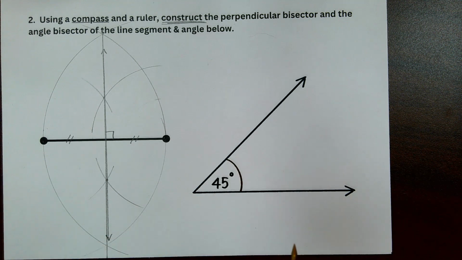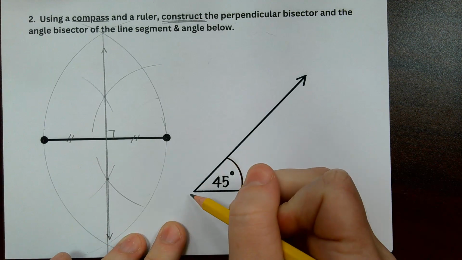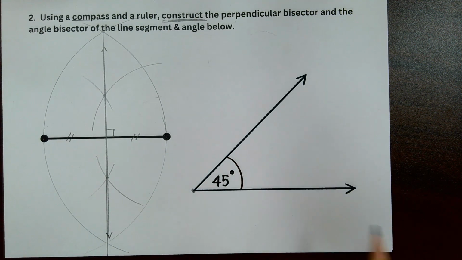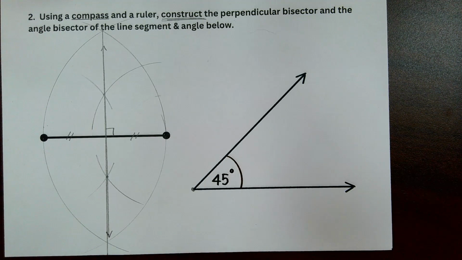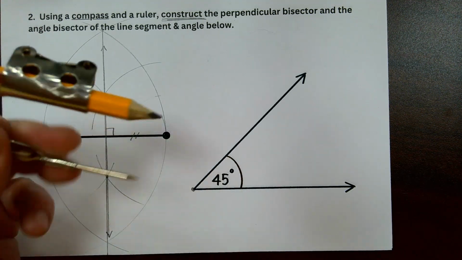we have a starting point of what? Where should I put the point of my compass on first? The vertex, very good. Just like the vertex is the starting point for a ray and for the angle, it's also going to be the starting point for our construction.